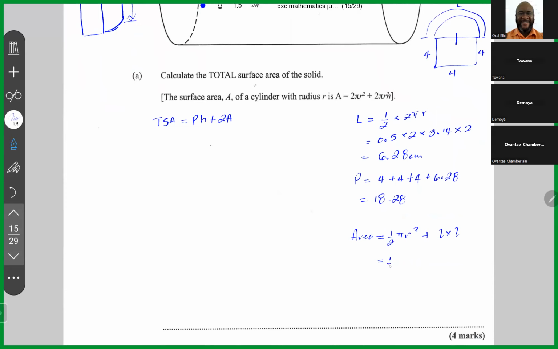So it's 0.5 times 3.14 times 2 squared plus 4 times 4.